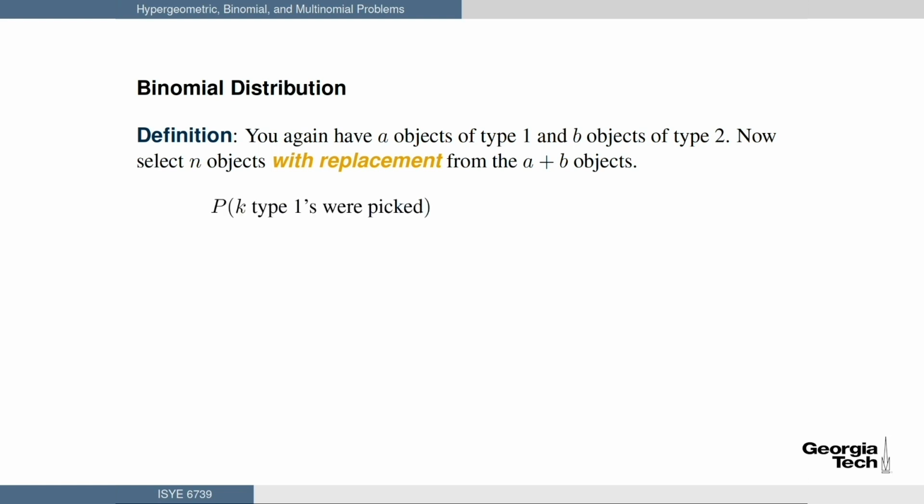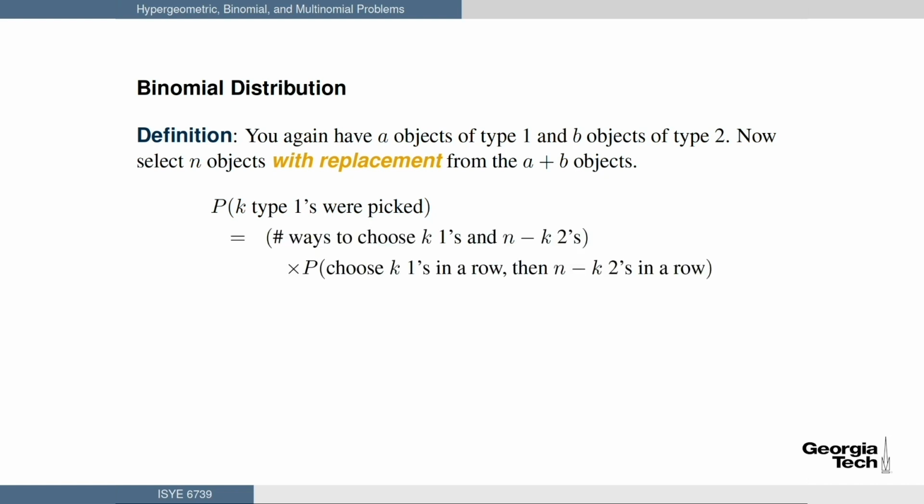So the probability that K type 1s were picked, and again, therefore, n minus K type 2s, is the number of ways to choose K type 1s and n minus K type 2s times the probability of picking K type 1s in a row and then n minus K type 2s in a row. Let me explain that.